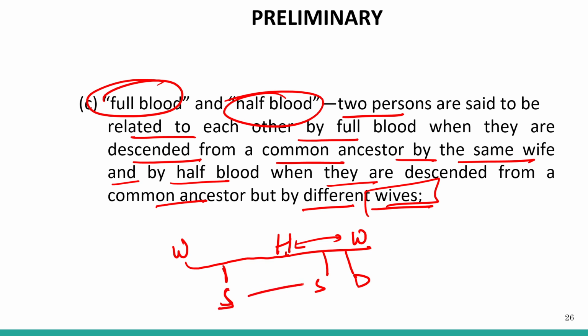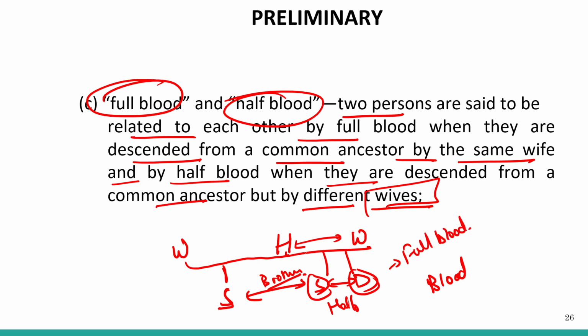Now how will these two people be related? Obviously they will be considered brothers, but they will be considered half brothers, or half blood brothers. The reason being, they are not sharing the common ancestress between them. Had that been the scenario, these two people, the son and the daughter, are full blood.